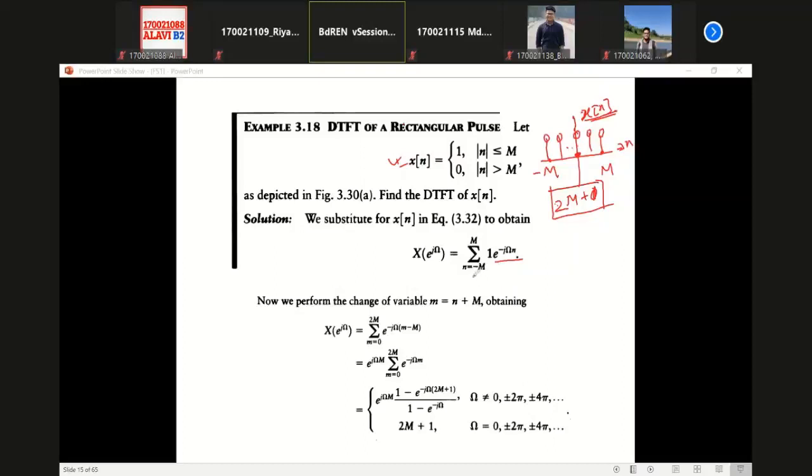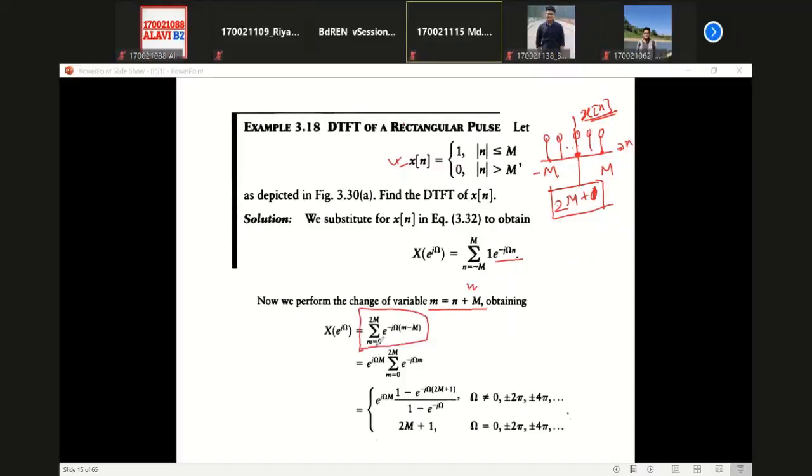Can we change the variable in this way so that the sum can be done from 0 to a certain value? Yes, sir. If this replacement is made, then you can easily see that our sum can be done in this way.